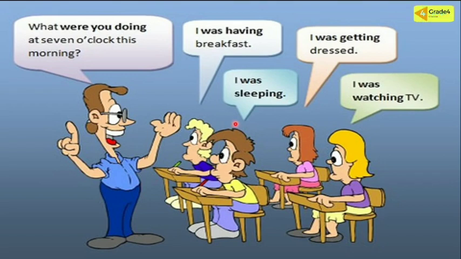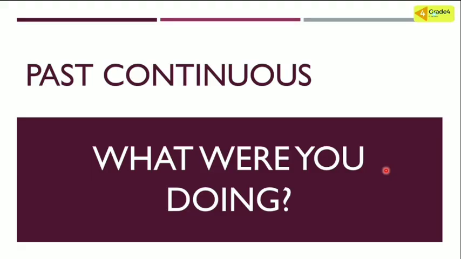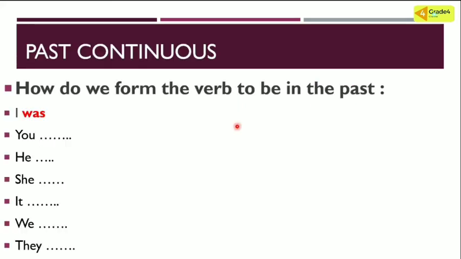Okay. The sentence that they used is past continuous. This is like the question of the teacher, "What were you doing?" Yeah, it is about past continuous. How do we form the verb to be in the past? For example, if we use I, the verb to be will be was, so I was.